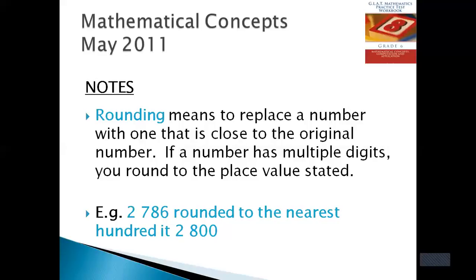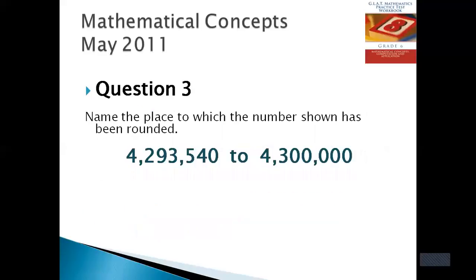Now let's apply that to our question. The change occurred with the digit 2. It became 3 instead of 2. And now we have to figure out the place value.